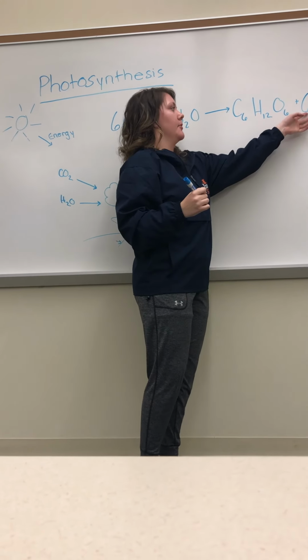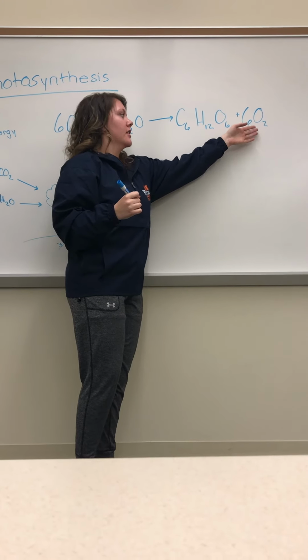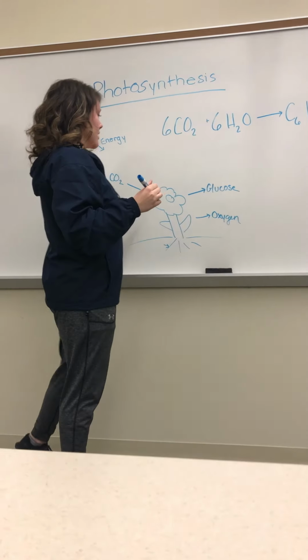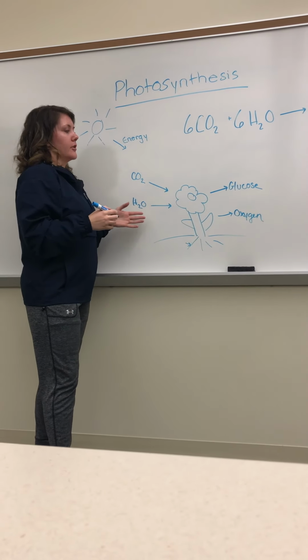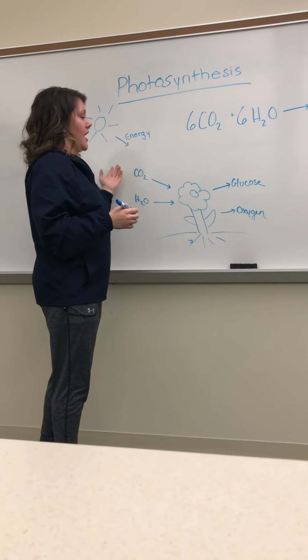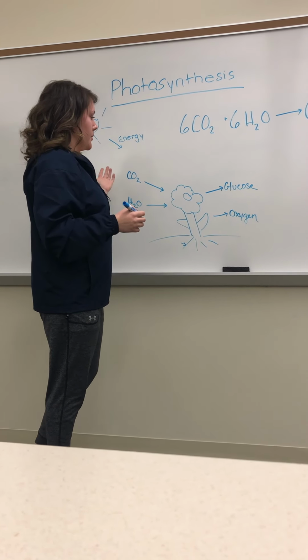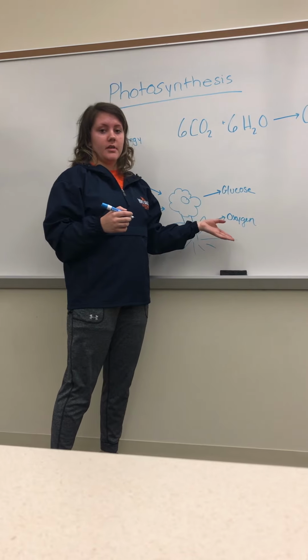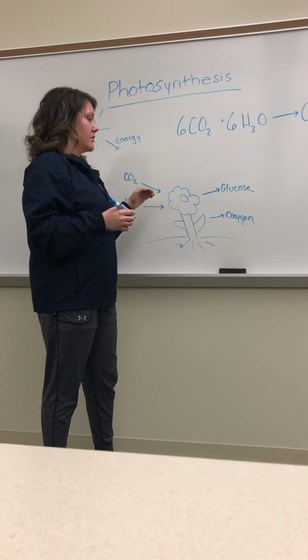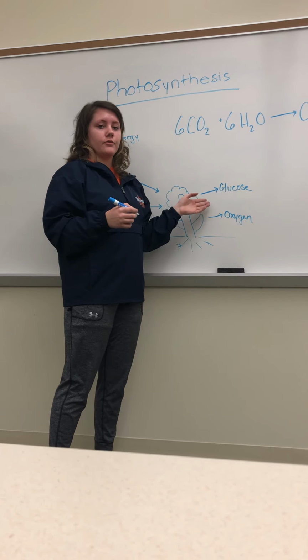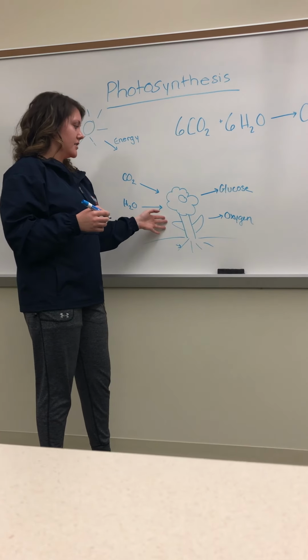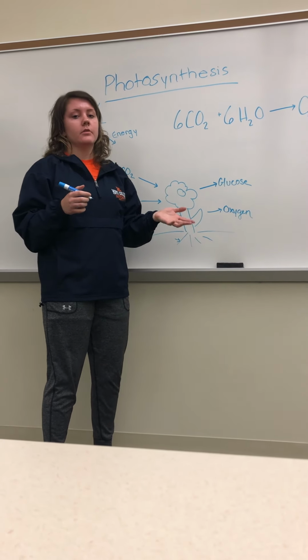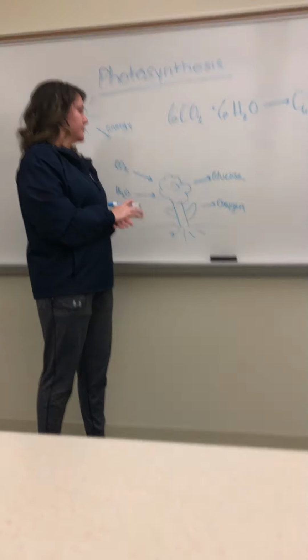And again, that is how many particles are for the oxygen. And so a couple important features that photosynthesis has is that it provides oxygen for humans to breathe, and it also provides glucose for the plant to have sugars to be able to survive.